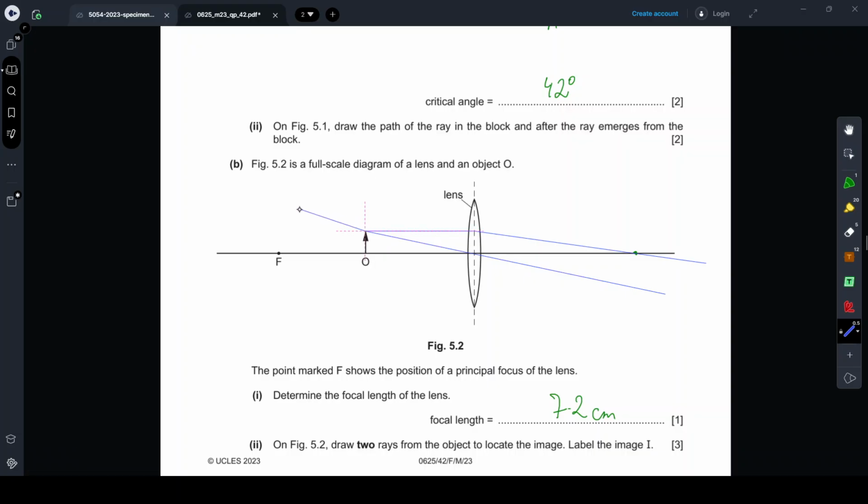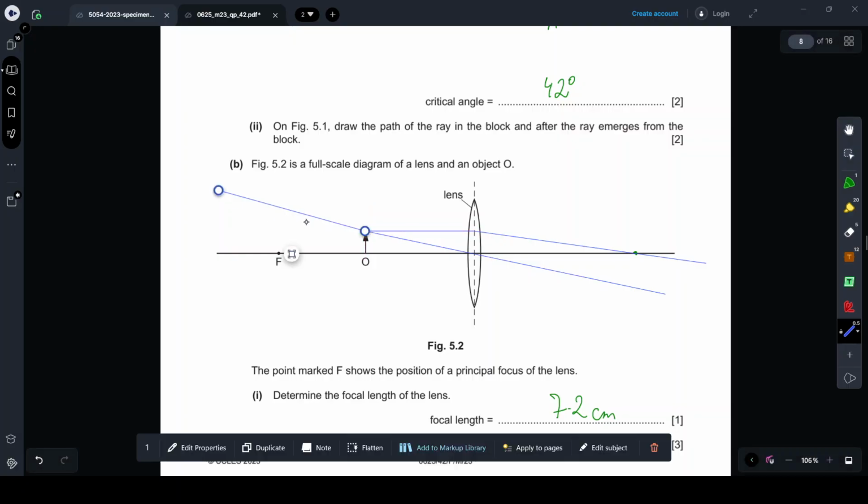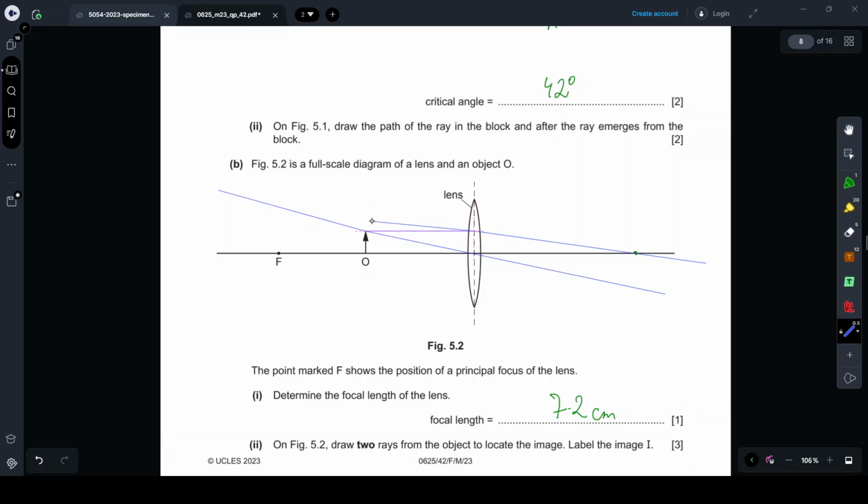So I'm going to try and do it like this, see how it works. Extend it as far back as possible, and then take the line from here and extend that back as far back as possible. And if I'm doing this correctly, that's where it is forming an image.